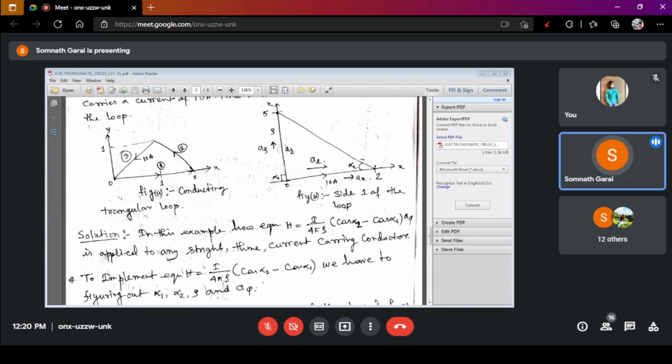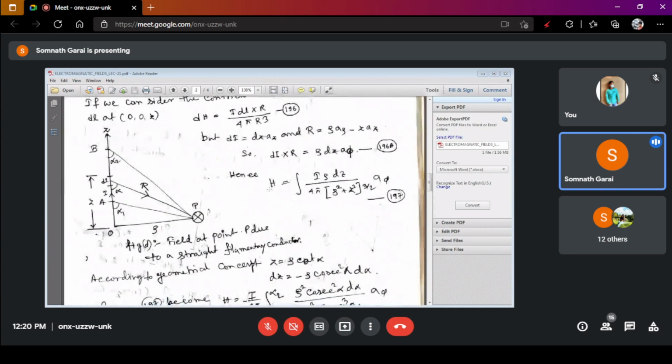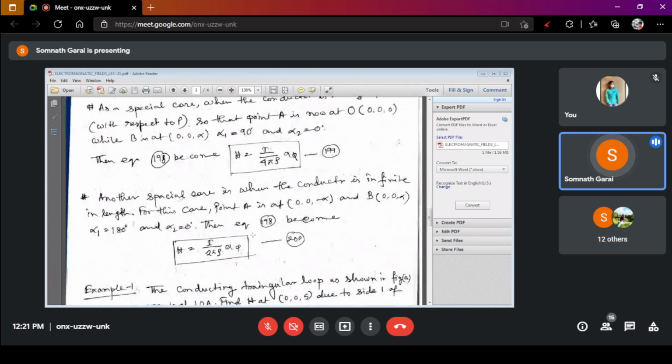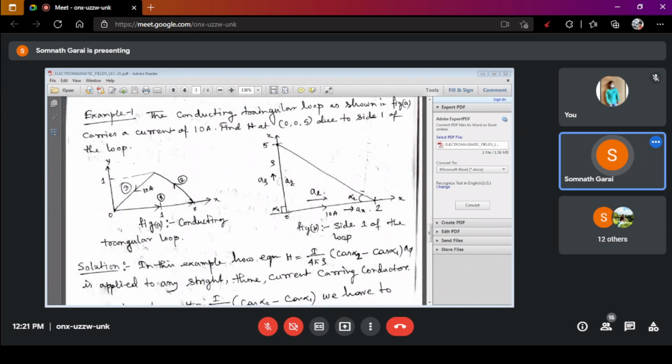Now, what is rho? Rho is the distance between the starting point and the desired point. In this figure, that is our starting point and that is our desired point, and this value is represented by rho.